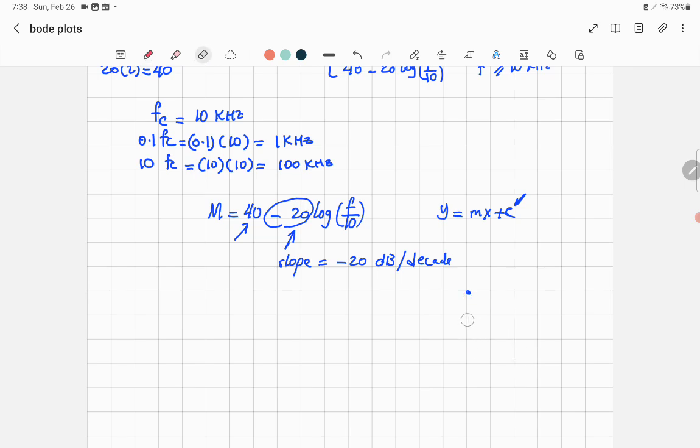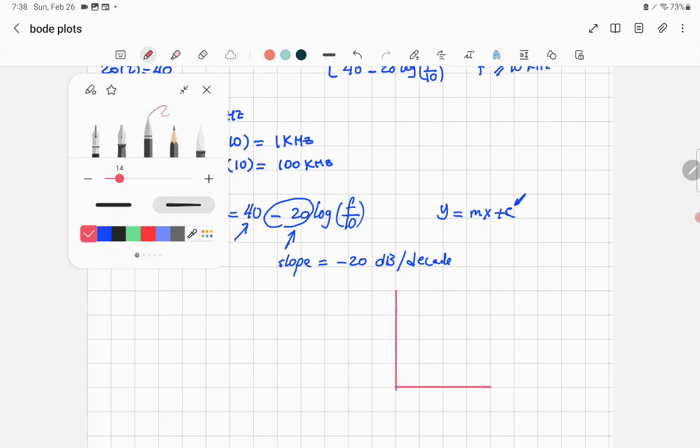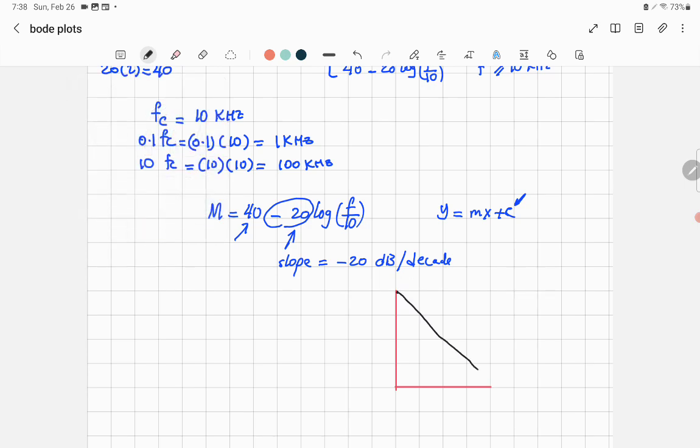It's very small. Let me make it bigger. We have space. That's the straight line. You can, of course, extend it. I'm just taking these 2 points. The vertical should be 20 decibel, and the horizontal should be 1 decade. So that will give negative 20 decibel per decade.